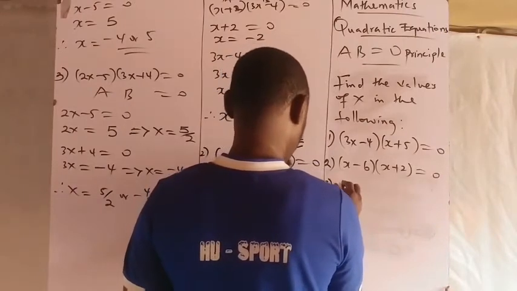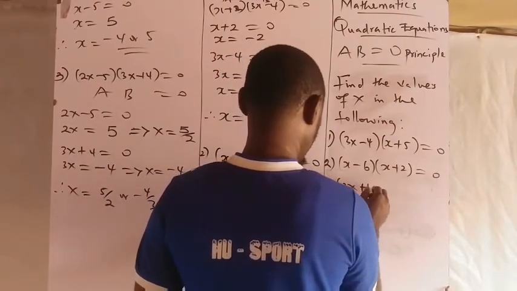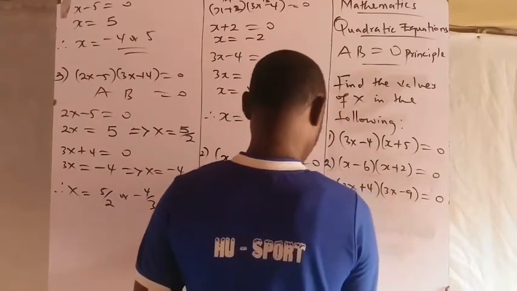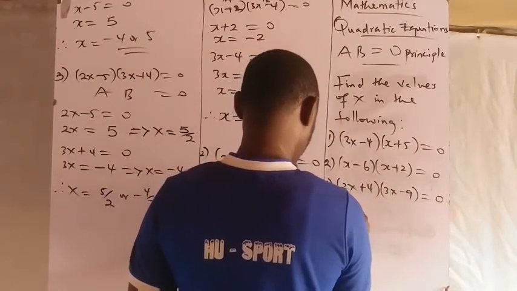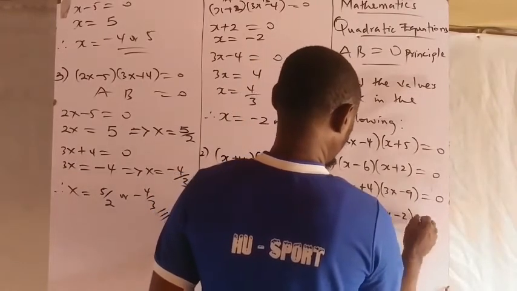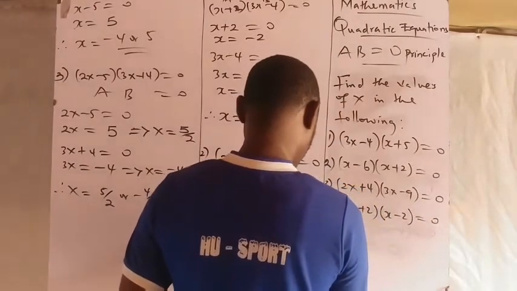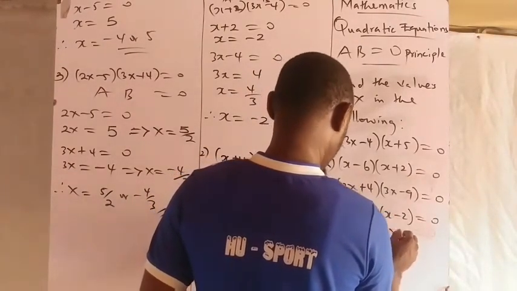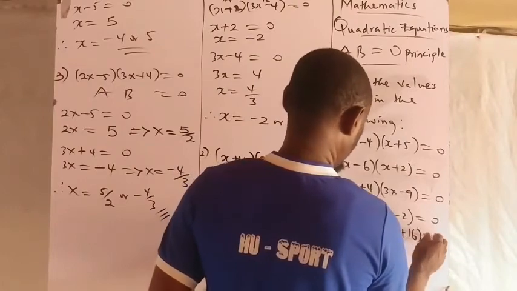Number 3, you have (2x plus 4)(3x minus 9) is equal to 0. Number 4, you have (3x plus 2)(x minus 2) is equal to 0. And number 5, you have (x minus 7)(2x plus 16) is equal to 0.